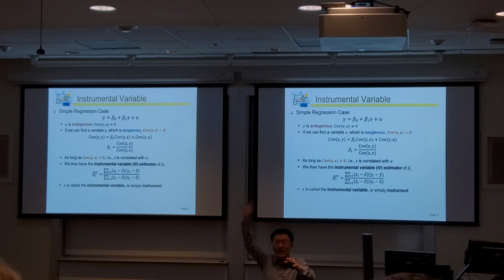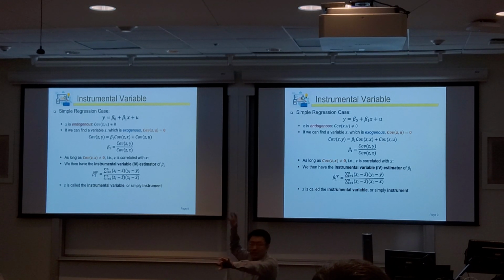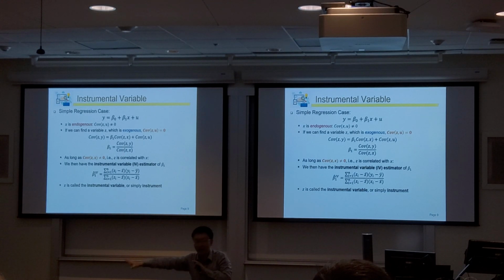Okay, so it's totally exogenous in this sense. So it has nothing to do with this error term. You see, all the problem is caused by the error term, right? So some omitted variable in the error term creates a correlation with the x variable. So if I can find another variable out of the picture, z, it's totally random. So it has nothing to do with the error term. So as a result, you have no concern of endogeneity issue for that z variable at all.